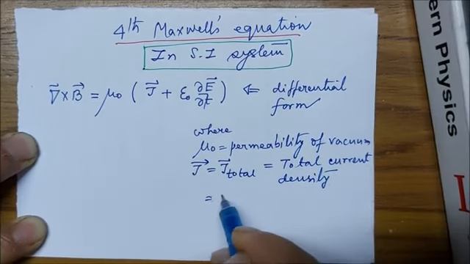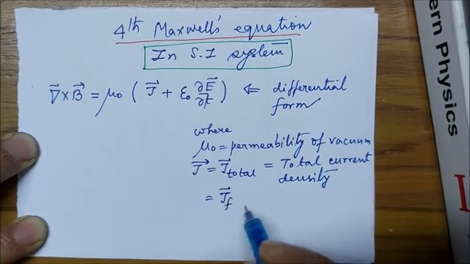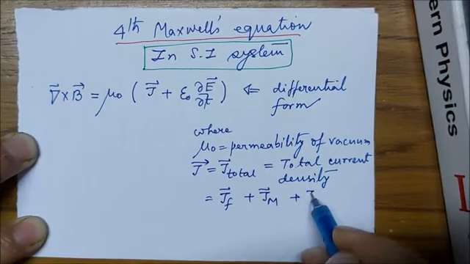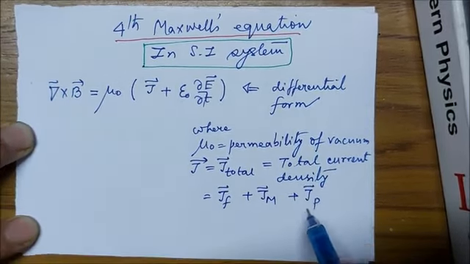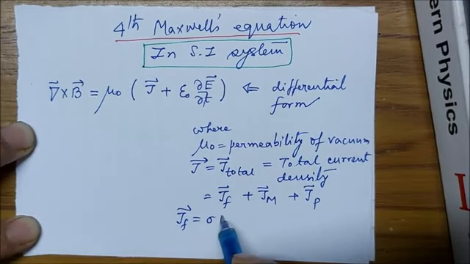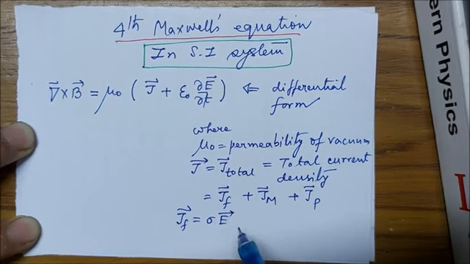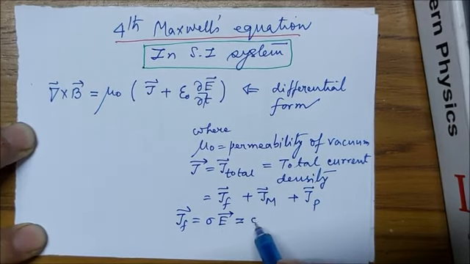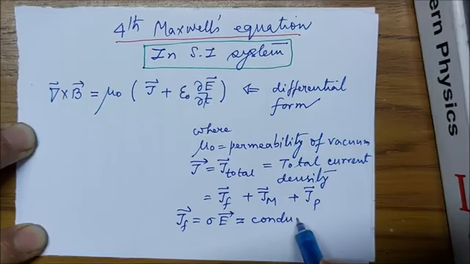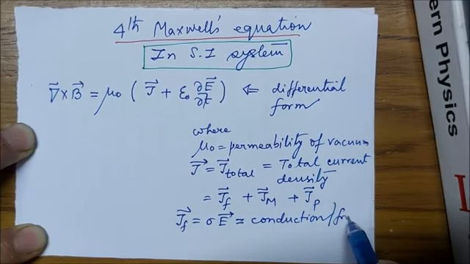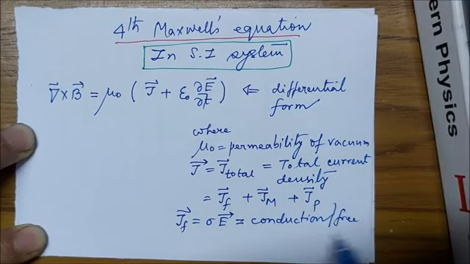And it has three parts. Where vector Jf also can be expressed as sigma vector E is the conduction current density or free current density or true current density.